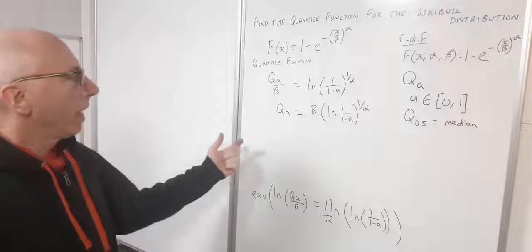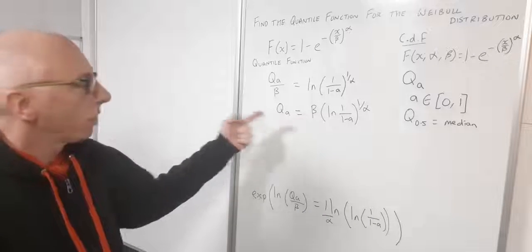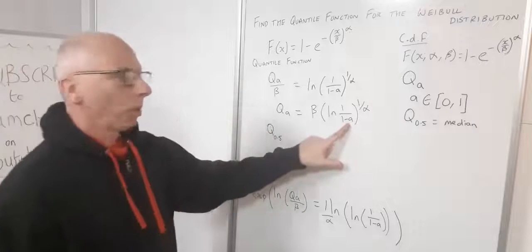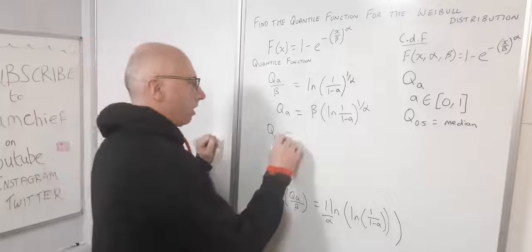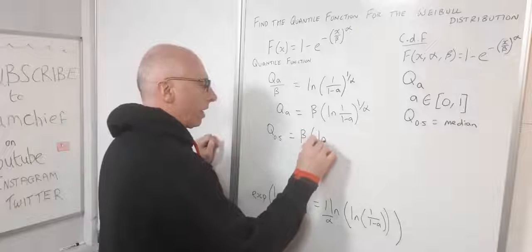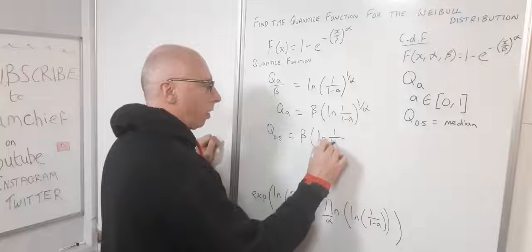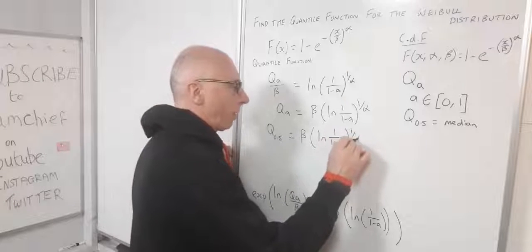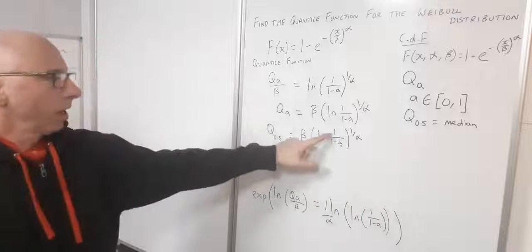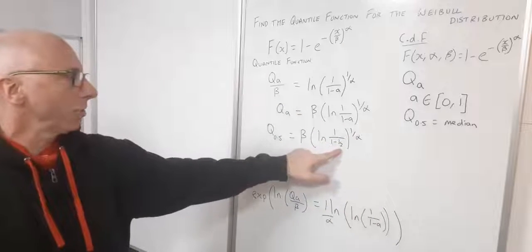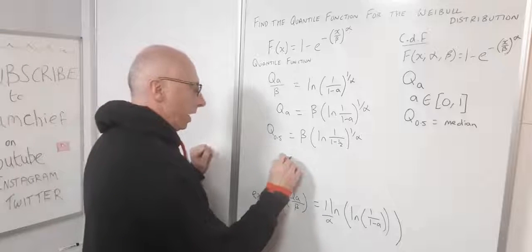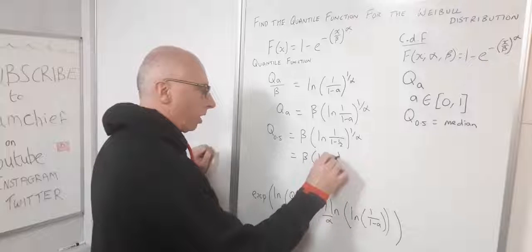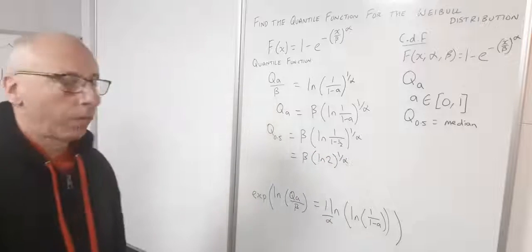Now for my median, for example, that would be Q of 0.5, I just plug in 0.5 for my A. So that equals beta times the natural log of 1 over 1 minus a half, to the power of 1 over alpha. 1 over 1 minus half is 1 over a half, so that's just the natural log of 2. So that equals beta times the natural log of 2 to the power of 1 over alpha.